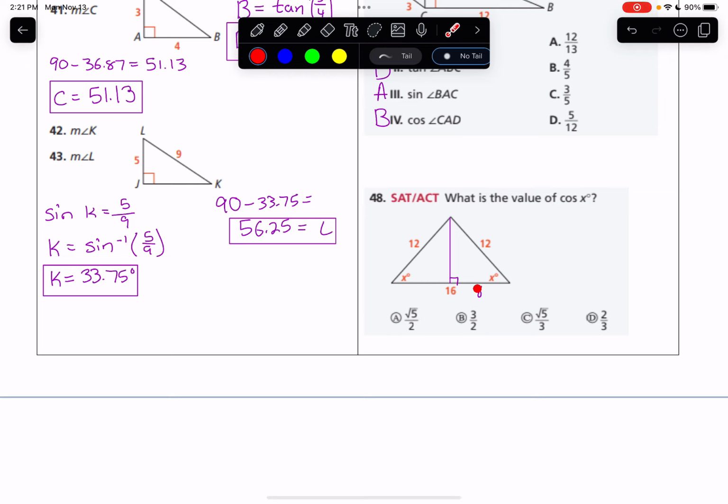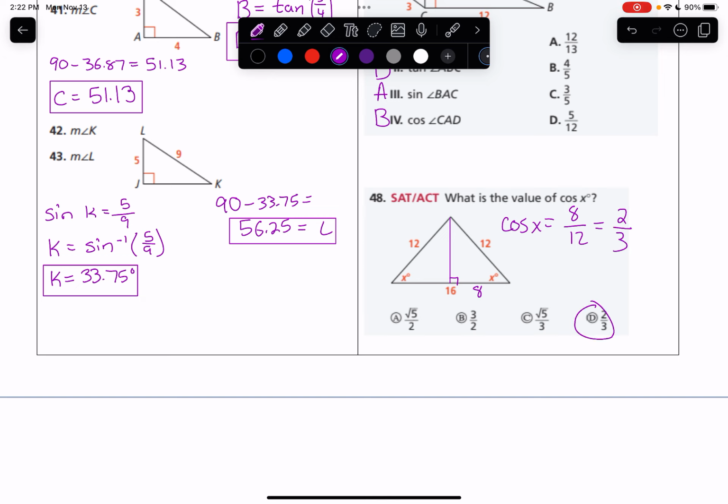So I have the adjacent side and the hypotenuse. So I can say that the cosine of x is equal to adjacent 8 over hypotenuse 12. Notice it didn't ask for the measure of angle x, it just asked for the cosine of x. 8 over 12 simplifies to 2 over 3, so D is my answer.